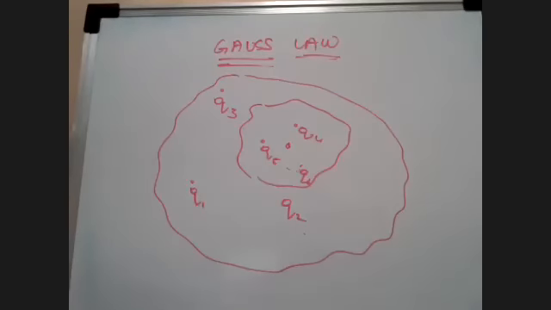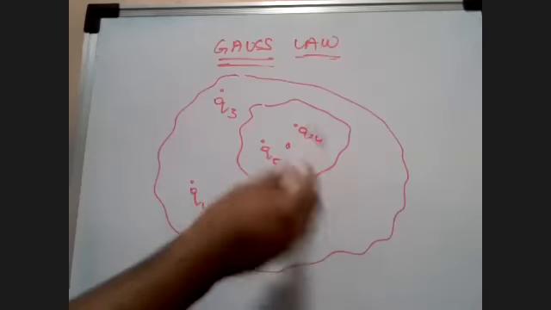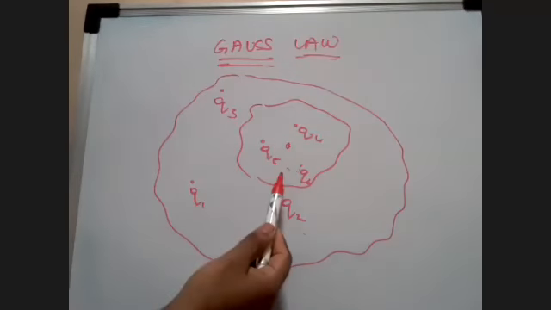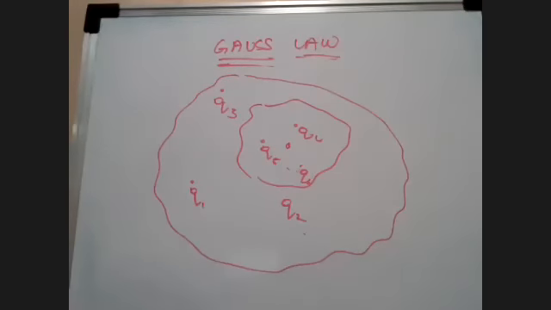Ultimately, according to the formula, even though it is a contribution of all the charges around it and inside it, the entire flux will be equal to the charge enclosed by the surface. Is that clear? Yes, sir. I hope you all are hearing.